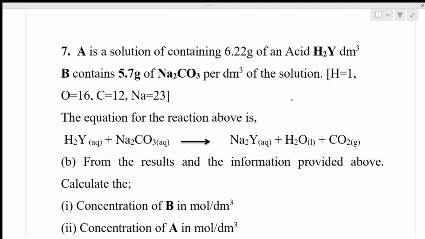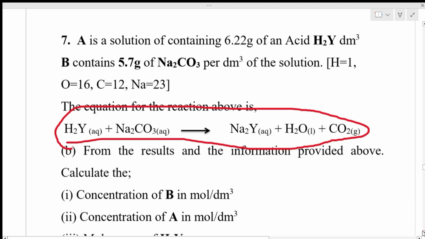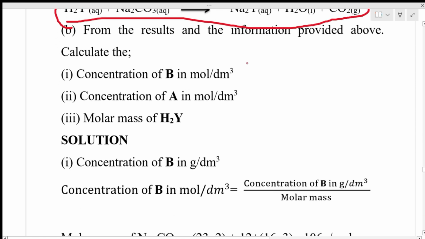B contains 5.7 gram of Na2CO3 per dm³ of the solution. Look at the balanced chemical equation given, also 1:1. From the equation and the information provided above, calculate the concentration of B in mole per dm³, the concentration of A in mole per dm³, and the molar mass of H2Y.